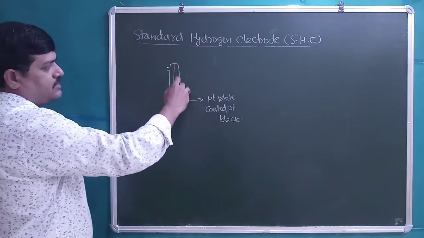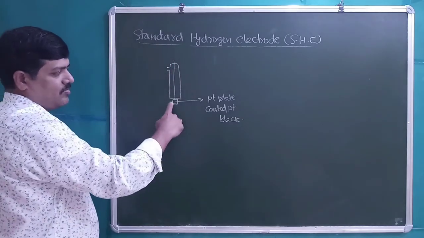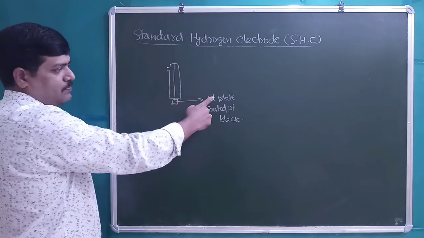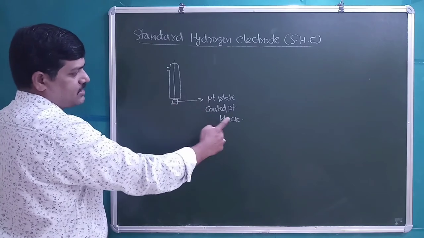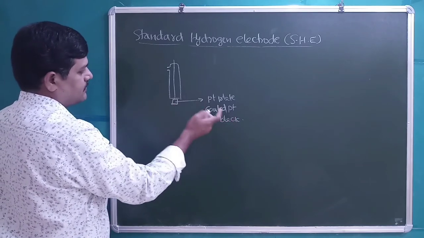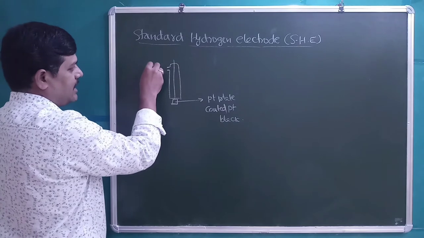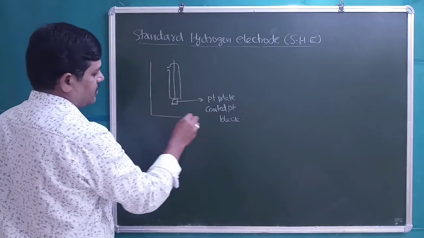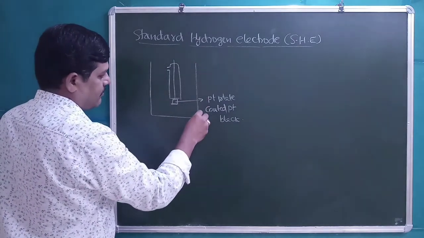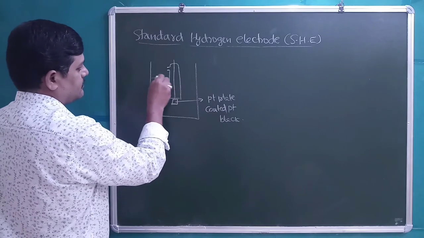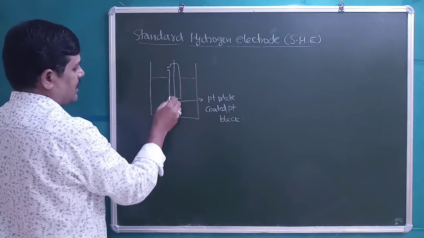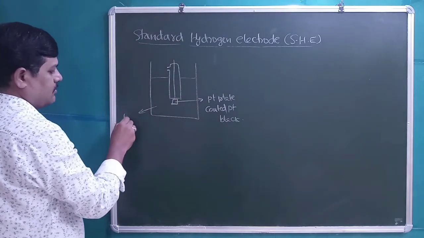Platinum wire is sealed in the glass tube which is connected with the Pt plate, and this Pt plate is coated with the platinum black, and this entire setup is dipped in a 1 molar HCl solution.